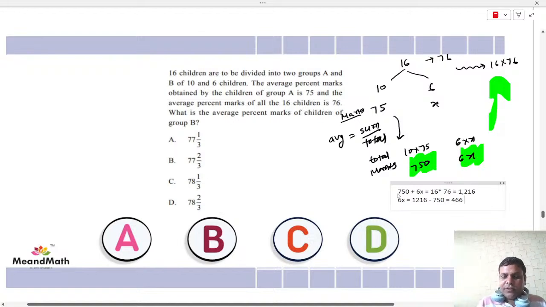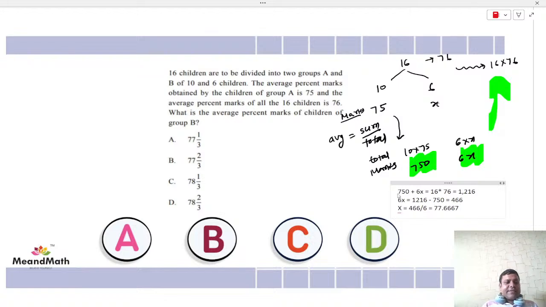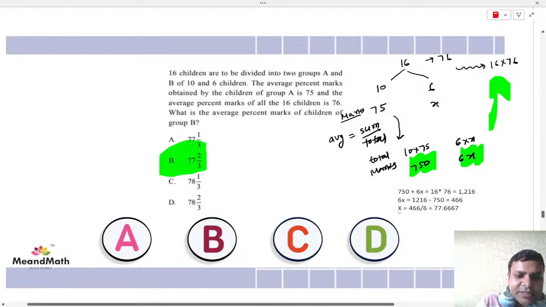So x is equal to 466 divided by 6. It's equal to 77.66. So the average percentage marks should be 77.66 or 67%. Which option is correct here? The second option is the correct answer.